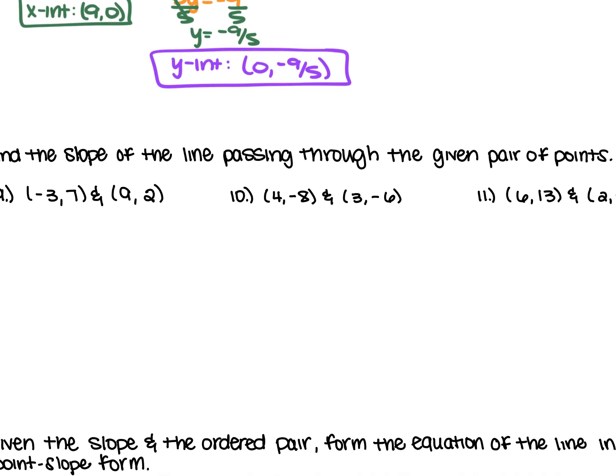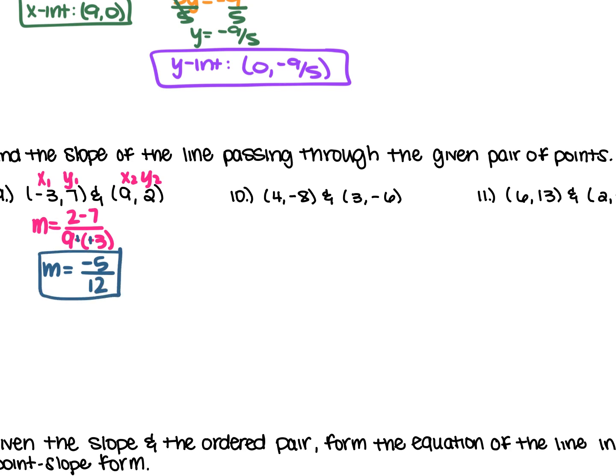So if we label these x1, y1, and x2, y2, you're going to have m is equal to 2 minus 7 over 9 minus -3. The 2 minus 7 gives you -5, and the 9 minus -3 becomes 9 plus 3, which is 12. So your slope of that line is just the fraction -5 over 12.